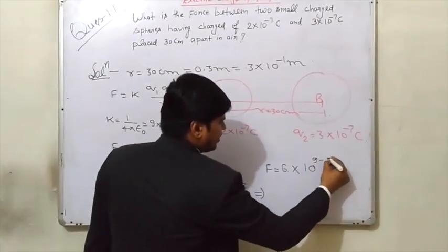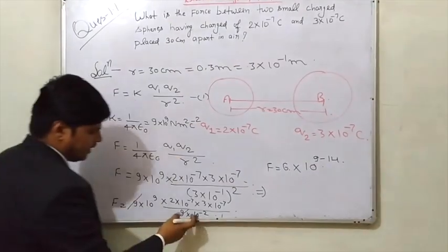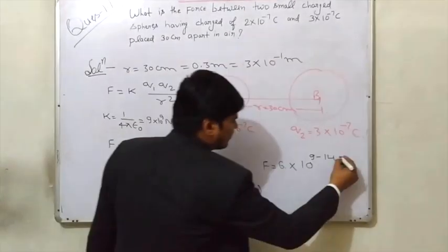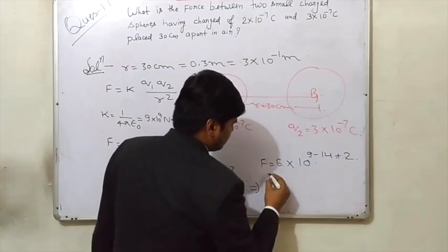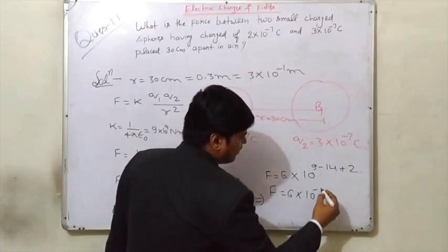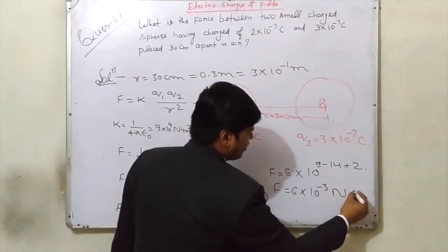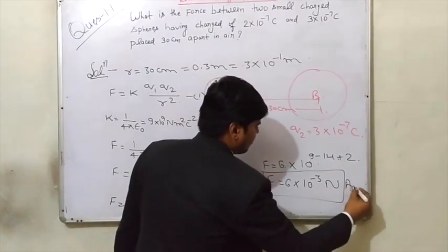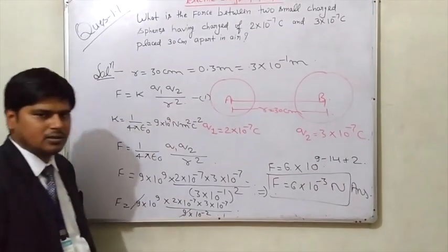Here the minus 2 in the denominator moves to the upper side, that is positive 2. So we get 6 into 10 to the power minus 3 Newton. Okay friends, you got it?